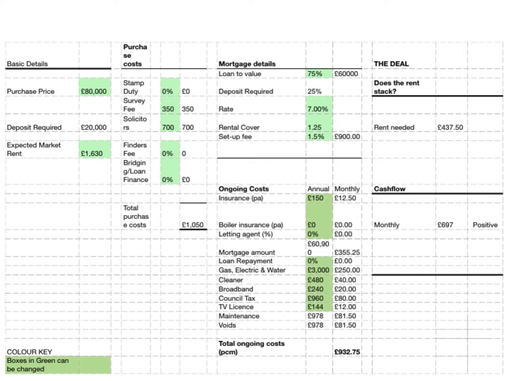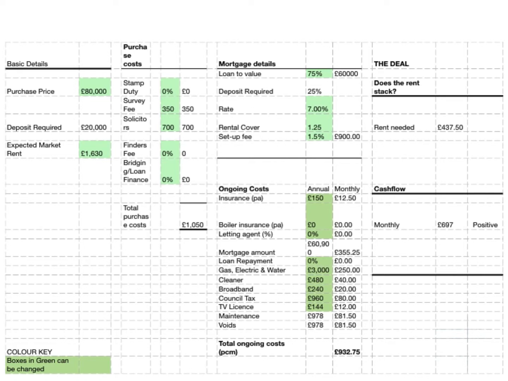Now, one of the things that we haven't talked about here is that we've factored in maintenance and voids. So we'll come back to that in a minute because that does impact on the cash flow amount that's on the right hand side, indicating that you're nearly at £700. But what you can do is play around with how much you'll pay on a monthly basis.